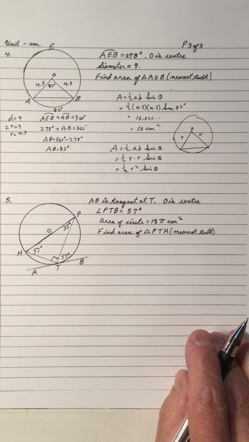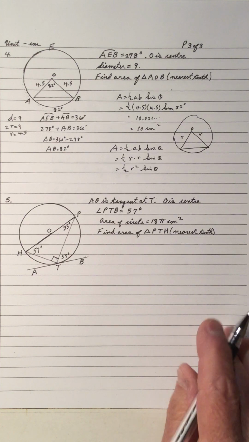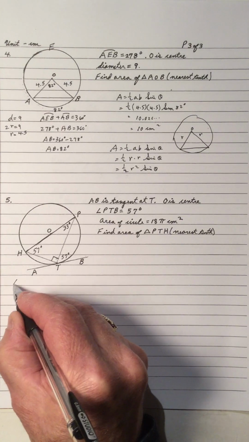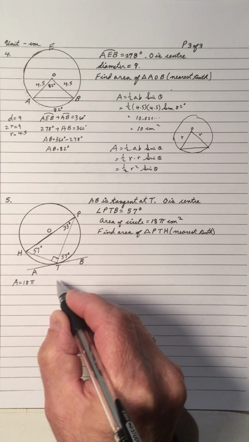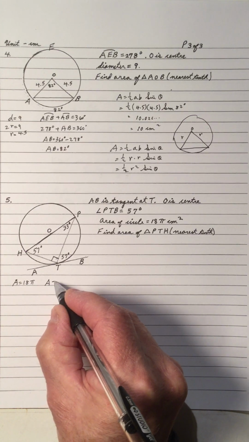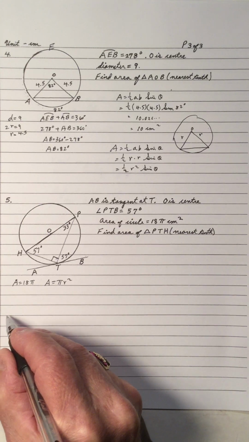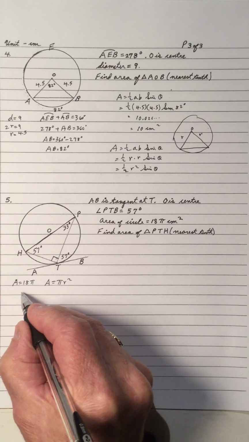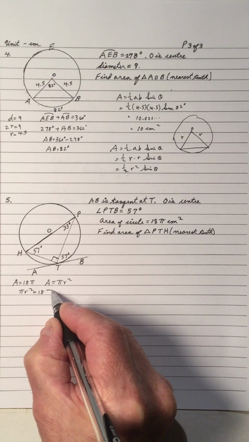But we want the area of the triangle. We don't have any sides, but I have the area. So the area of the circle is 18 pi. The area of the circle is pi r squared. So that means that pi r squared is equal to 18 pi.